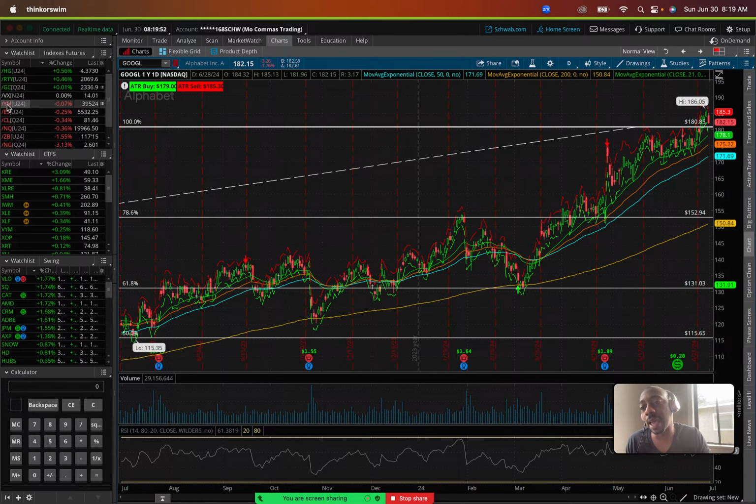So if you see the Nasdaq and the Dow up that day, chances are the ES is going to be up. Or how you see here, the Dow is down and the Nasdaq is down. What else is down? The ES is down. So the ES is not extremely independent. It tends to get pulled by the Dow and the Nasdaq.